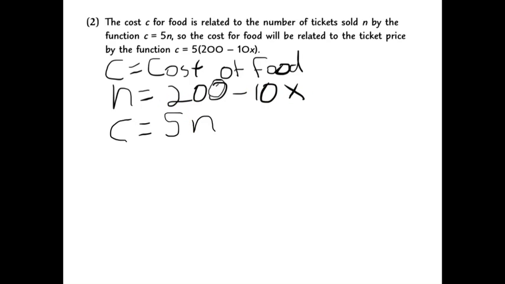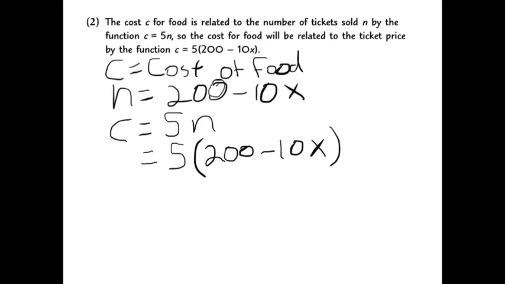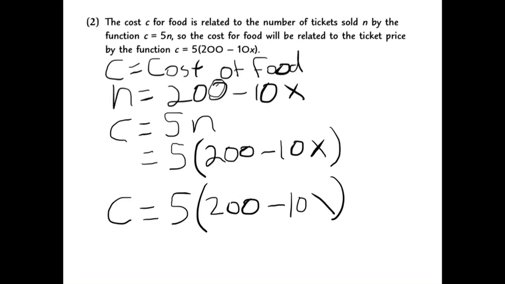So we're going to substitute in that equation for n, 200 minus 10x. So the step here, the cost for the food will be related to ticket price by this function. And I'll write it down again. C equals 5 times 200 minus 10x.